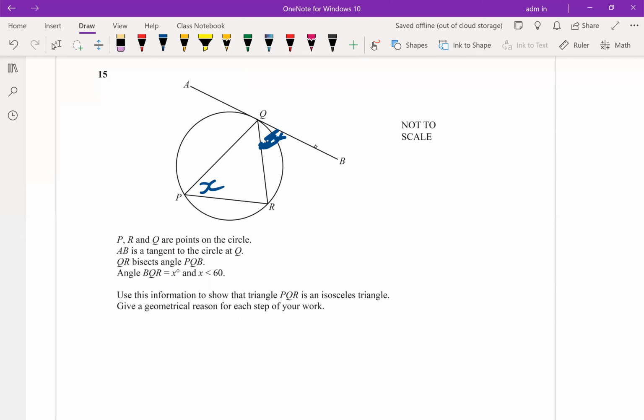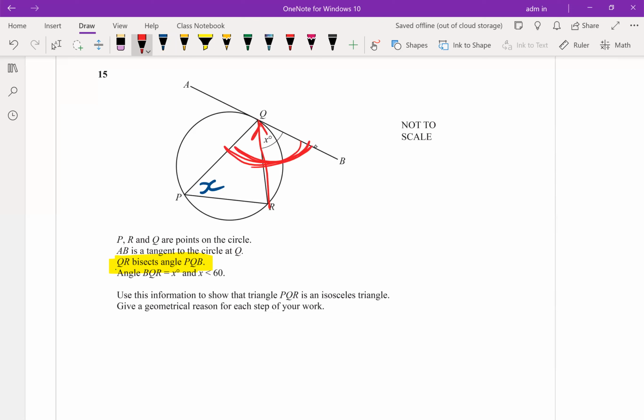Maybe there is some information not given. P, R, Q are points on the circle. AB is a tangent. Look at the given information: QR bisects angle PQR. When I say bisect, it means divided into 2 equal parts.